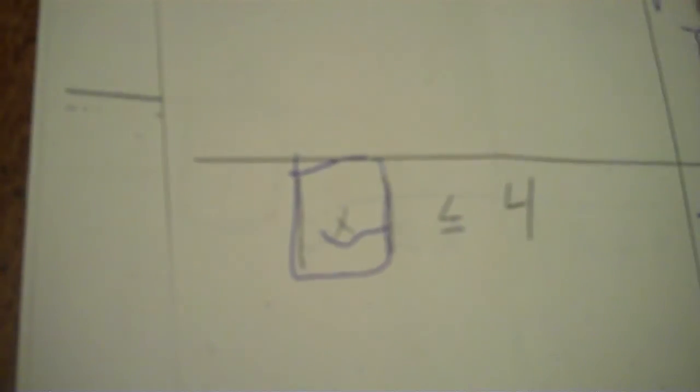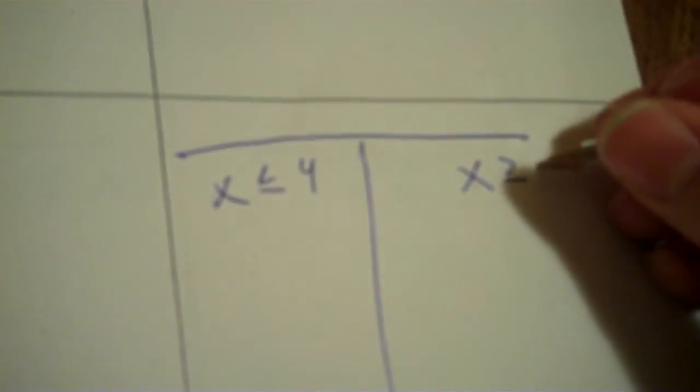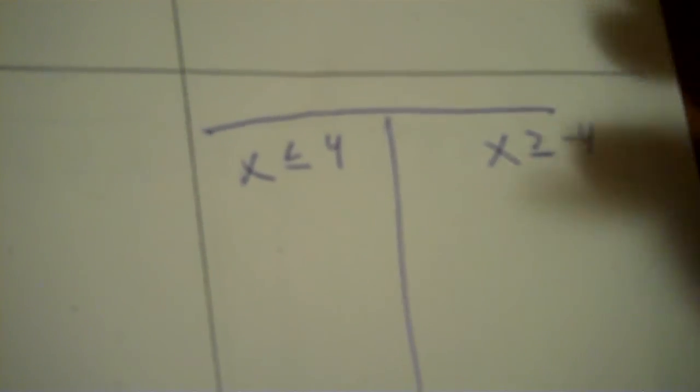Okay, last one. So we got x less than or equal to, greater than or equal to. Okay, so again, d is 4, so you can just bring 4 here. You have a distance. D stands for distance, and you just have 4. You don't have any other numbers there.